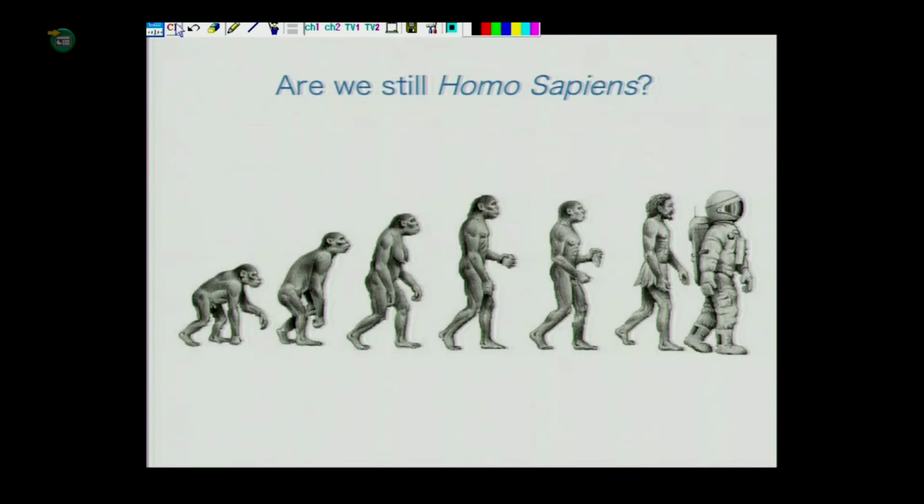99% of DNA is shared between Homo sapiens and us. But Homo sapiens can't use words as well as we do. Homo sapiens and we have differences in DNA modification.